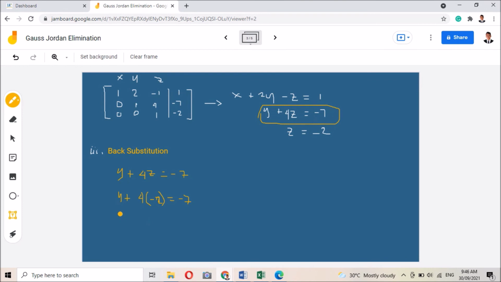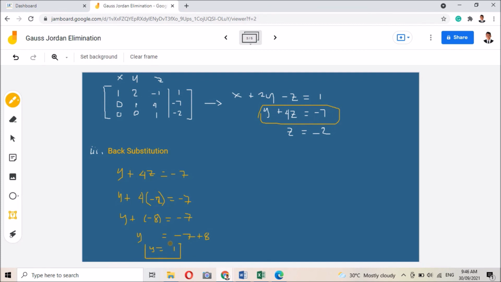Then that will give us y plus negative 8 equals negative 7. By the property of equality, we have y equals negative 7 plus 8, which gives us y equals positive 1 there.